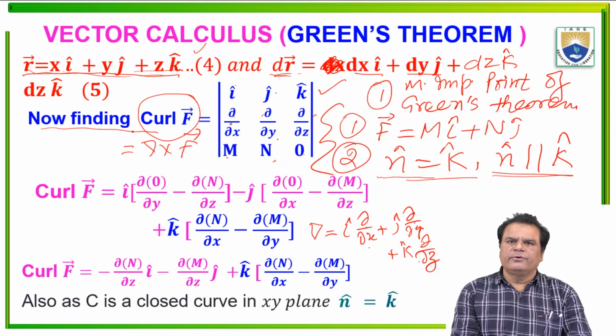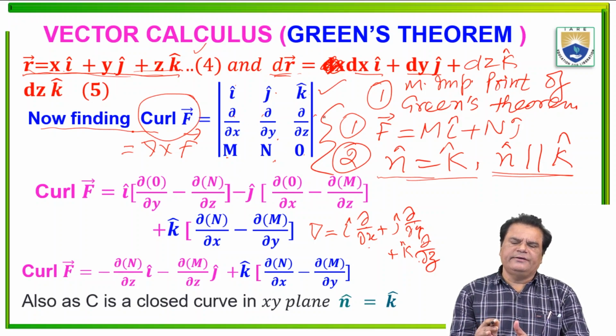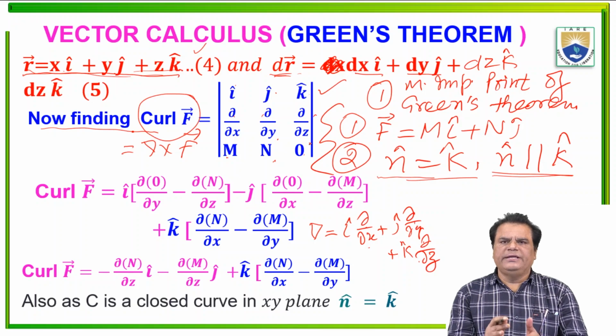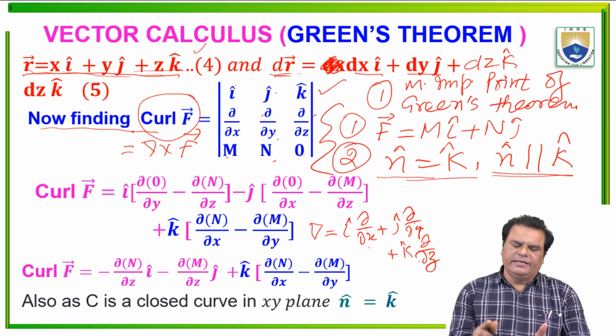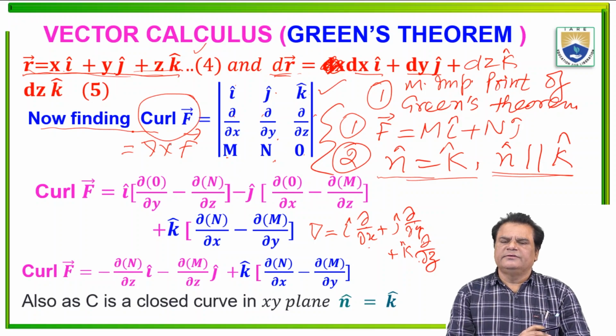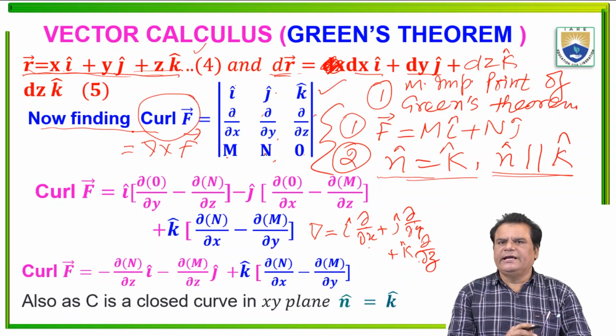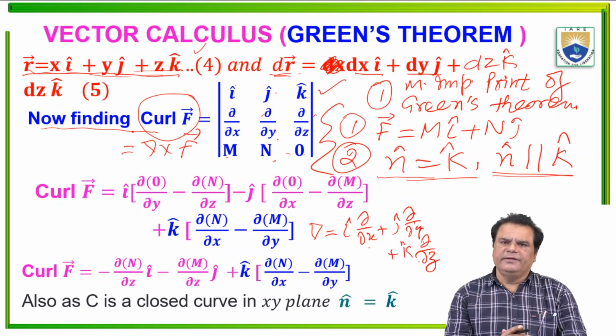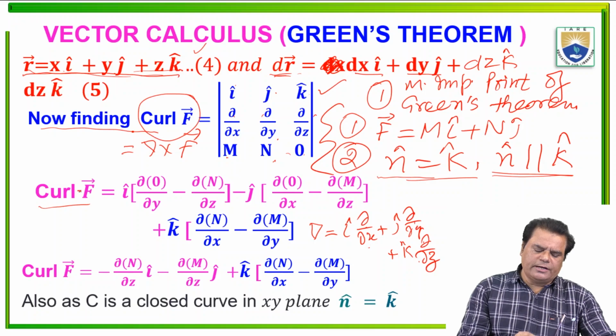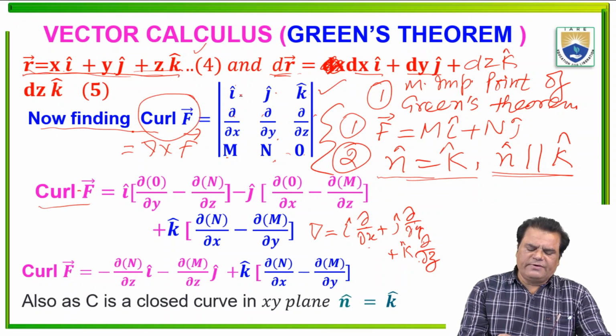Now in the third row, we take the coefficients of i, j, k in the second vector F vector: the coefficient of i is m, the coefficient of j is n, and the coefficient of k is 0. After solving this determinant, we get this curl F vector. So now, first of all, I am taking i cap, eliminating the first row and first column. Then multiply by this to this.